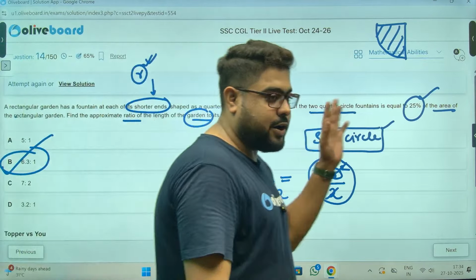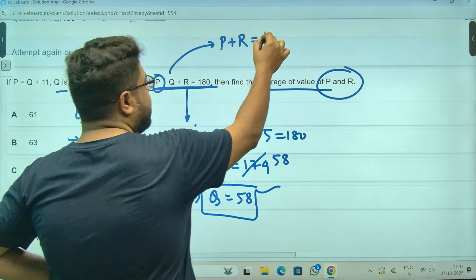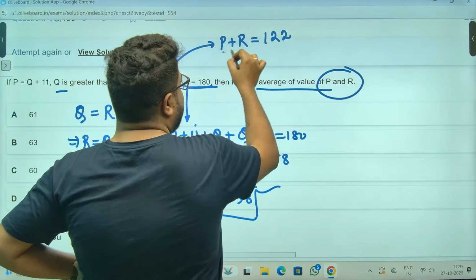That is 180 equals 3Q plus 6. That means 174. Q will be, sir, 58. So they are asking for the average of P plus R. So P plus Q plus R is given. So P plus R will be 122. By 2, average meaning by 2, that is 61, sir. That's your answer, which is option number A.